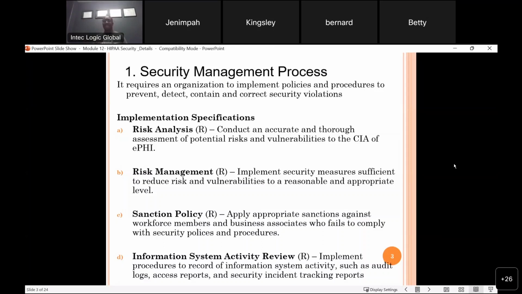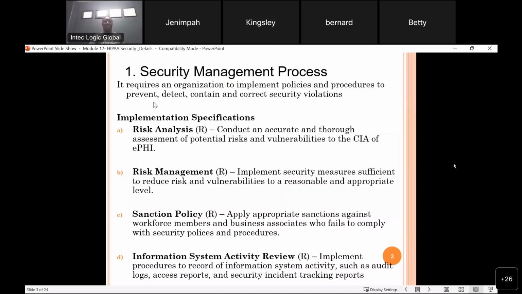Those controls that I asked you to Google search, or you can use your AI, whatever it is, just to read about them. Some of them are going to appear here. It's the same controls that are here, but HIPAA put it in a different way. But if you understand what risk analysis or risk assessment means, it is the same thing.